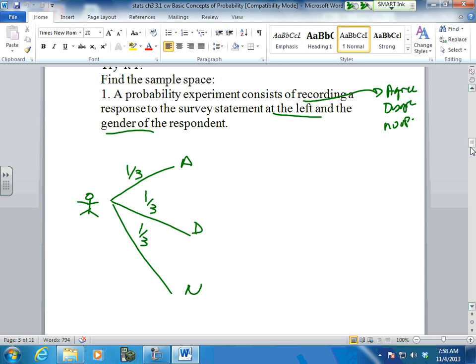Then I want to check the gender. What can you be for gender? Male or female. What's the probability of a male or a female? 1/2. If you're not a male, you're a female, right?